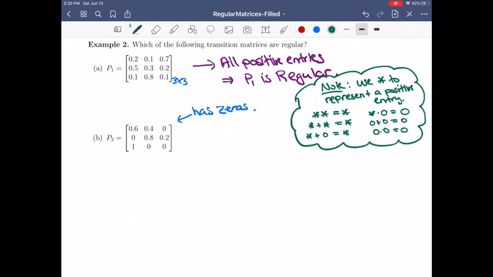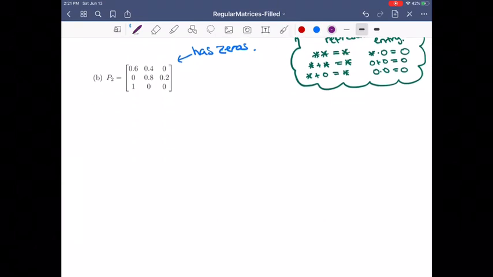So we can use these shortcuts to compute these matrix powers without actually computing the numbers. We only care if the numbers are positive. If we wanted to compute P2 squared, that's going to be P2 times P2. You're welcome to actually compute the numbers, but it's going to take way longer.